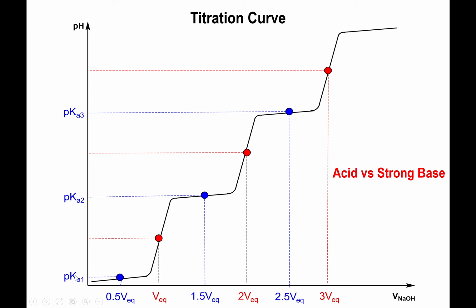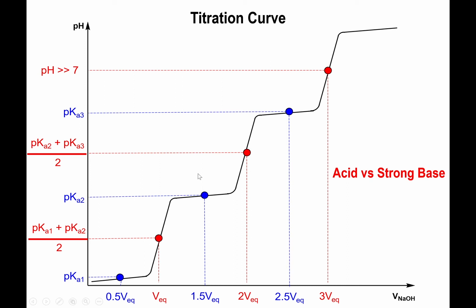Then by default, using just the regular logic of the symmetry of this curve, you could say that the pH at the first equivalence point has to be the average of the first and the second pKa. That oversimplifies the problem completely, because all you have to do is calculate the pKa for the first and second process, average them out, boom, that's the pH at the first equivalence point.